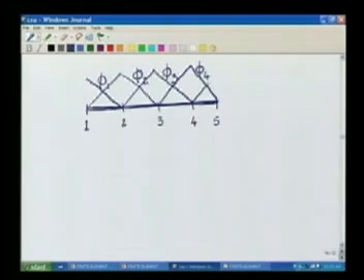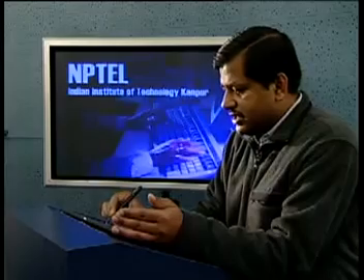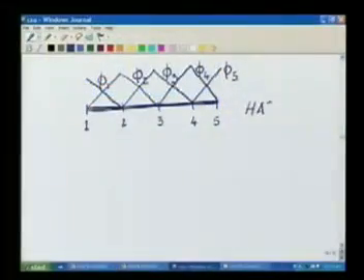Similarly, the last one will be phi 5, and this phi 5 is extended to 0 beyond node 4. So these are our phi functions. These are also called hat functions. So these are nothing but hat functions.